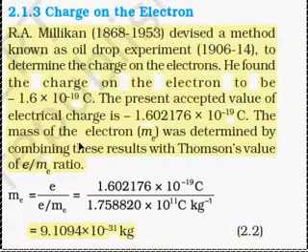The mass of the electron was further determined by combining these results with Thomson's value of e upon me ratio. So mass of an electron is equal to 9.1094 into 10 raised to minus 31 kg.